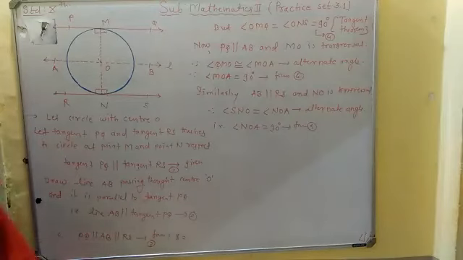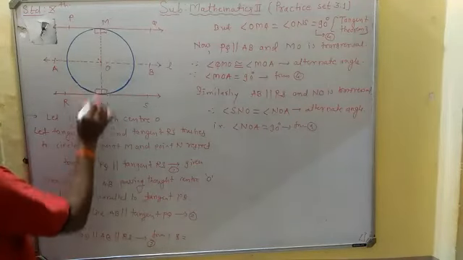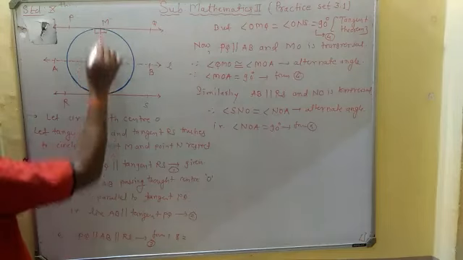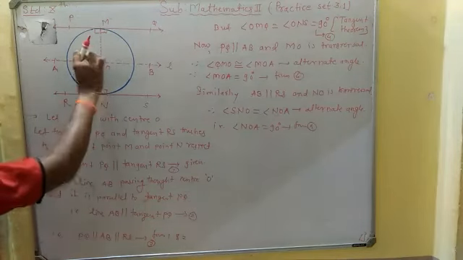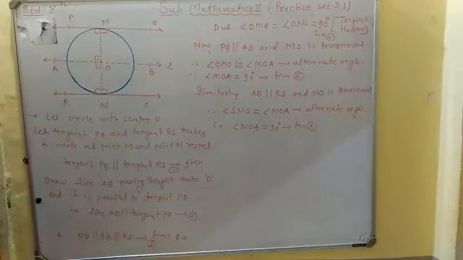Now we get here angle NOA is 90 degrees, also angle MOA is 90 degrees, and if we take the addition we get that the sum of those two angles is 180 degrees.